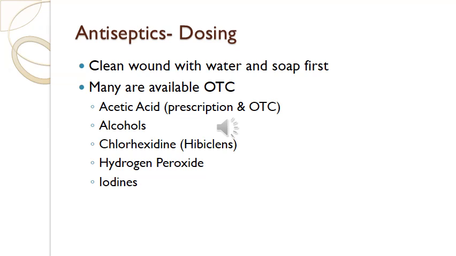Again, all wounds will heal in time, but ideally, when we're dealing with individuals with wounds, we want those wounds to heal as quickly as we can. So soap and water, and a sterile saline, is a lot of times all you will need to keep a wound bed clean. If you do choose to use a different type of antiseptic, you just have to understand that the wound healing won't happen quite as fast.